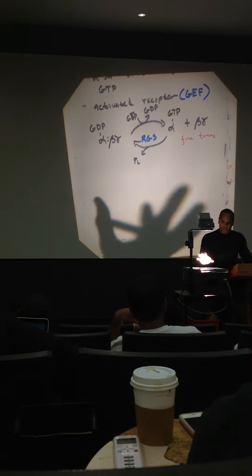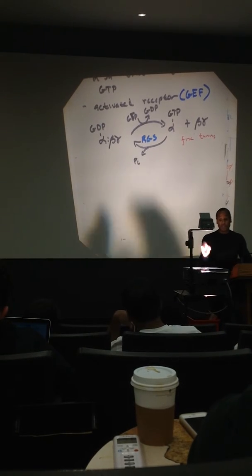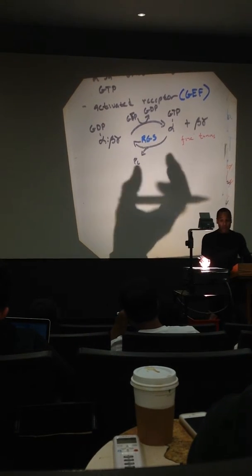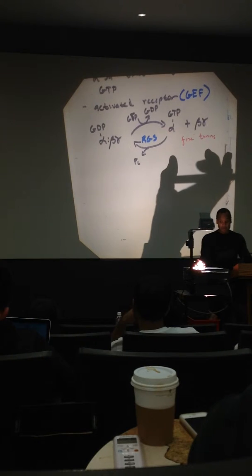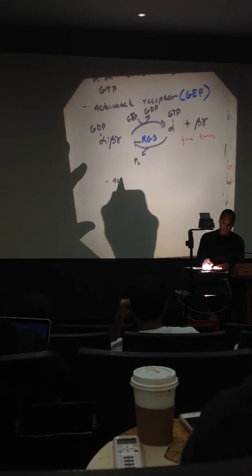So again, an important thing about this is that once the receptor gets activated and activates a G protein, that G protein dissociates from the receptor, so activated G protein.